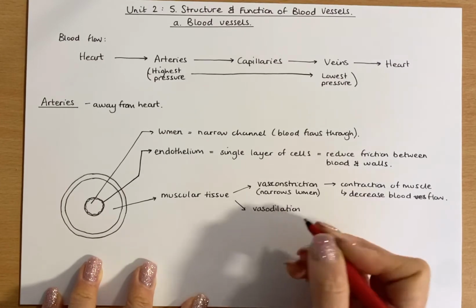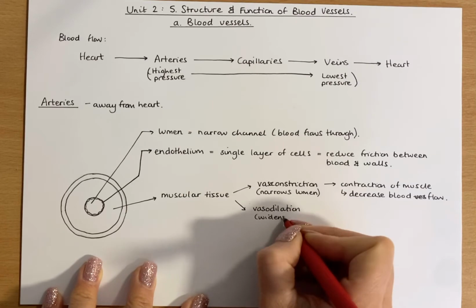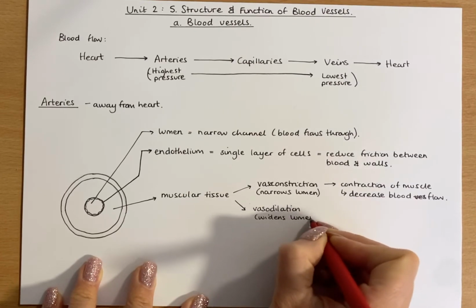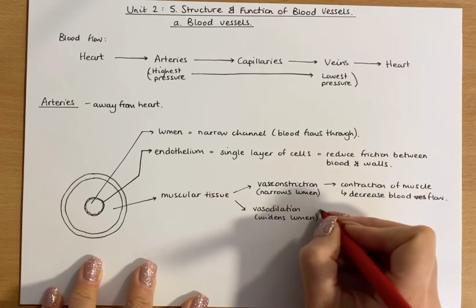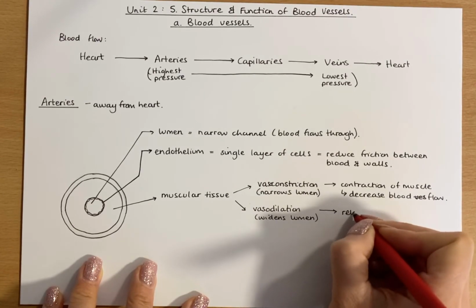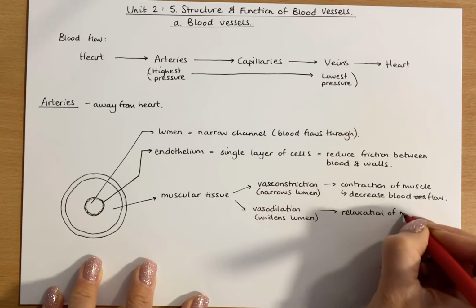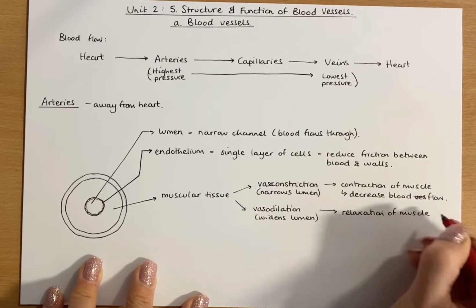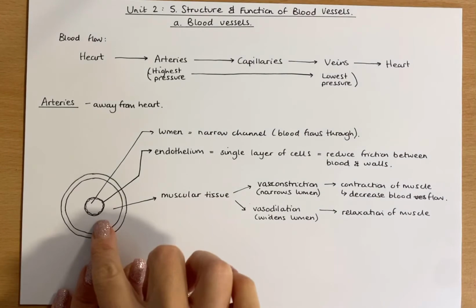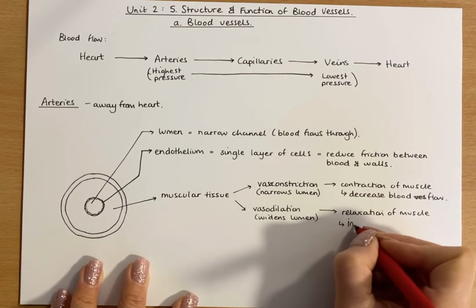So vasodilation will widen the lumen. Now vasodilation occurs when you do the opposite of contraction, your muscles relax in that artery. And when the muscles relax and that lumen widens, it will then increase that blood flow, allow more blood flow in.